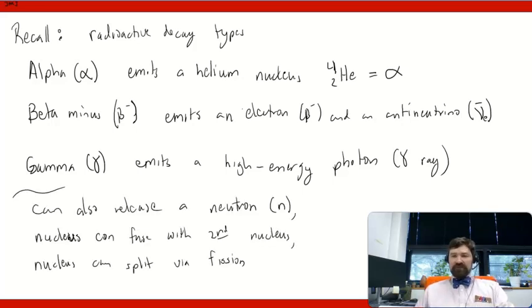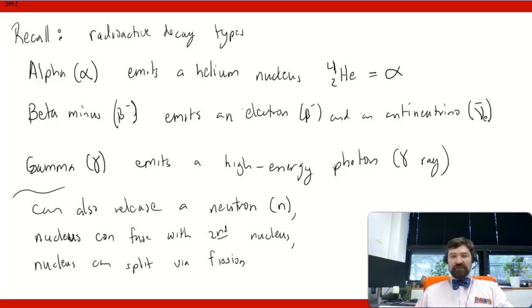So for example, you may have 2 hydrogen nuclei. Maybe you have a hydrogen and a tritium, which is hydrogen and 2 neutrons attached, and they fuse together to make helium, or more often really it's going to be a deuterium, that's hydrogen with 2 particles, a neutron and a proton, and it fuses with a tritium, hydrogen that has a proton and 2 neutrons.